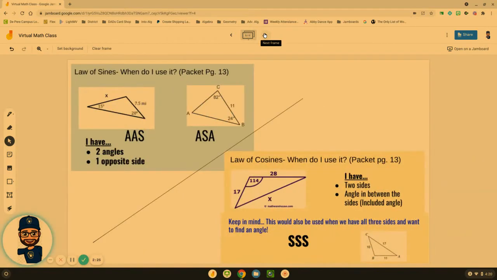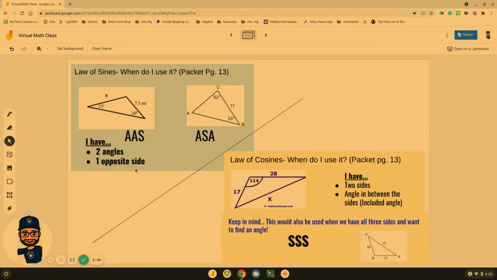So let me try and break this down. Let's focus on the law of sines first. This is coming from page 13 of your packet. We can use the law of sines, which I will give you a specific formula for in a moment, whenever we have two angles and an opposite side.